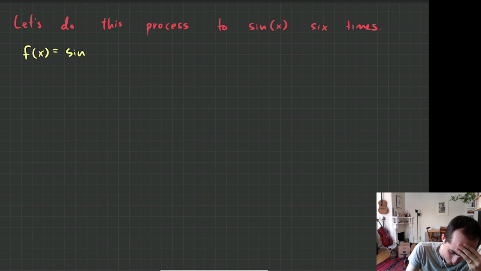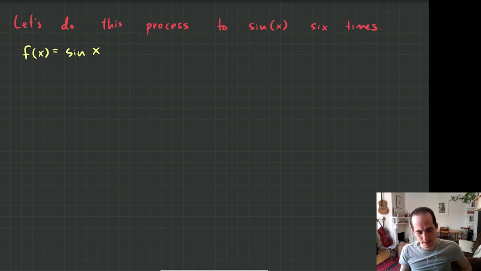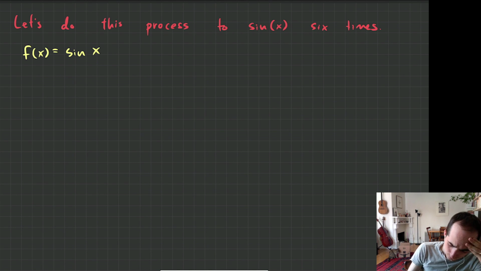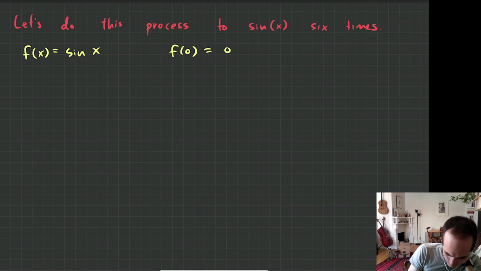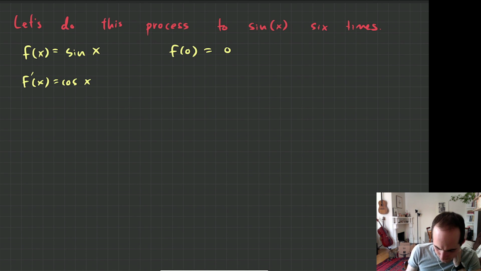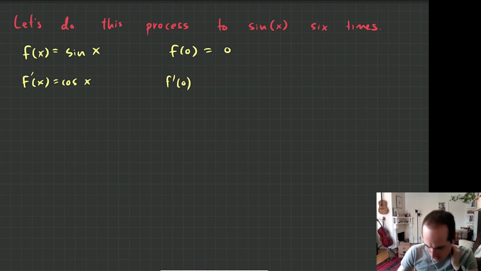I'm just going to write x. Okay, so f of x is sine of x. So f of 0 is equal to 0. Nice. Next up, f prime of x is cos of x. And so f prime of 0, what's that going to be equal to?